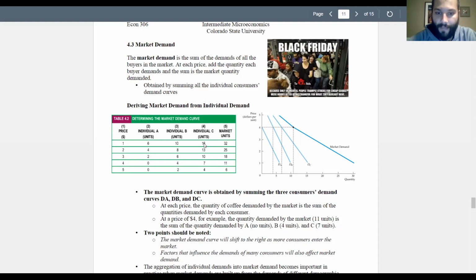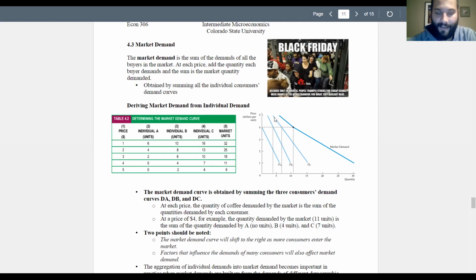But then the caveat is the consumers might be entering the market at different prices. So the slope, or the demand curve that we just found by summing everybody up, is only for prices at which everybody is in the market. So coming back here, at prices below 4, everybody's in the market, so we sum everybody up. At prices above 4, only 2 people are in the market, so we have this kind of discontinuity in demand.